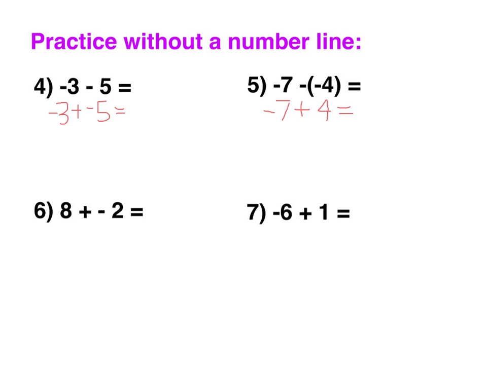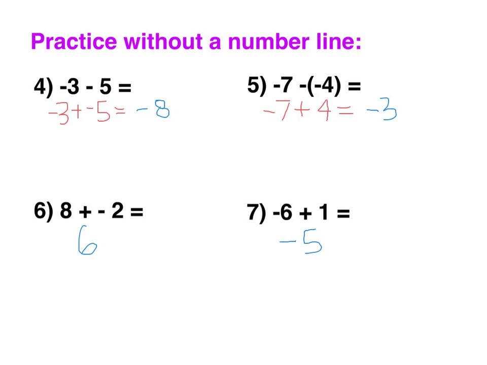Problems 4 and 5 were subtraction problems, so on them my first step was to change them to addition using keep, change, change. So these are the new addition problems that are going to have an equivalent result. And here are our answers. I have 2 negatives in number 4, so I'm going to have a negative answer. The answer is negative 8.